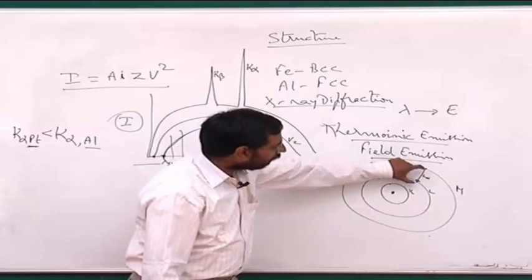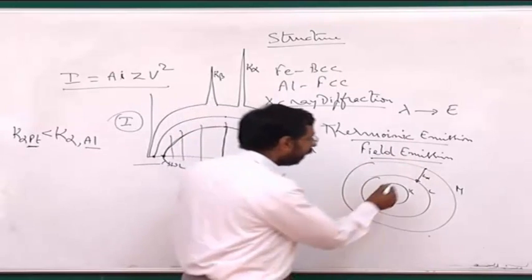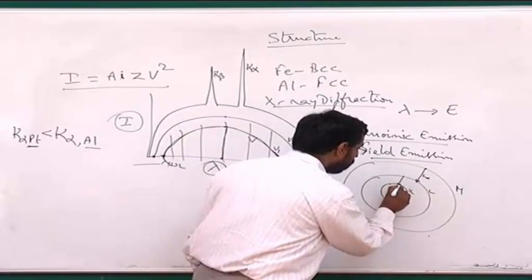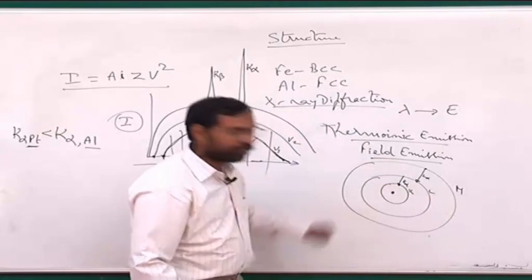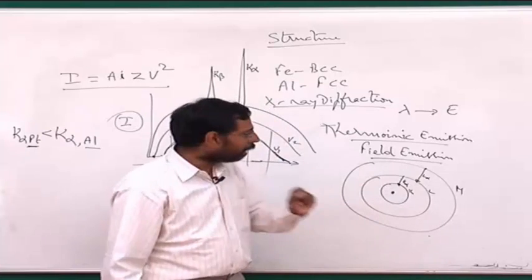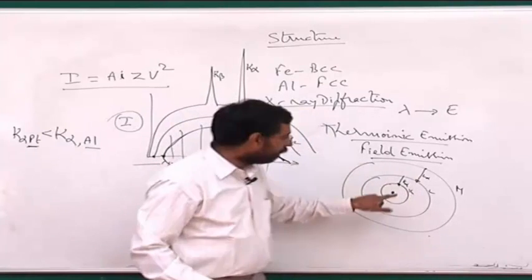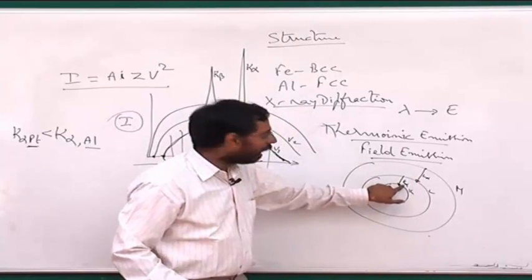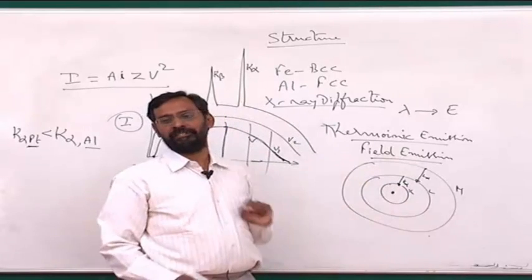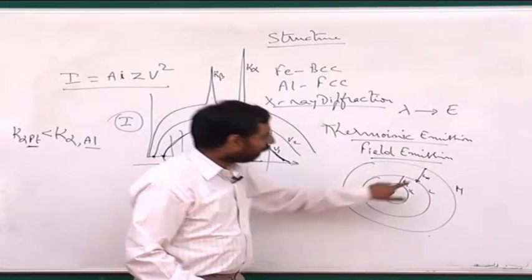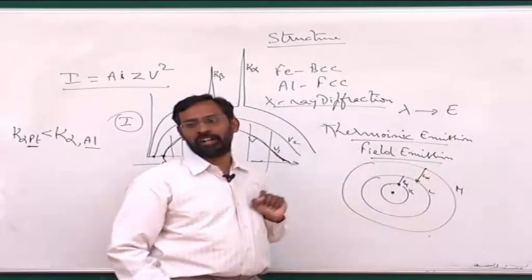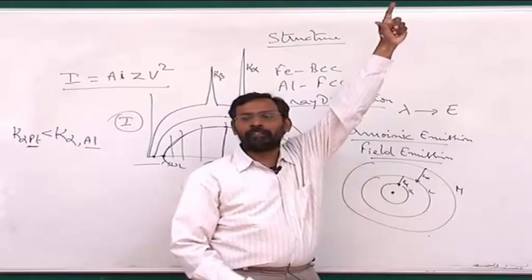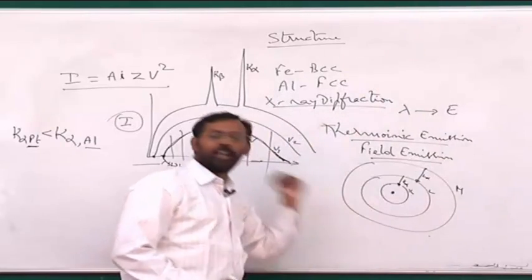And what is this energy? Depending on that, this is K alpha: the electron falling from L to K is K alpha. Please remember always the first letter K represents that the electron is falling into that shell. For example, when I put the letter L, that means the electron has been knocked out of the L shell and the electron is falling into the L shell.